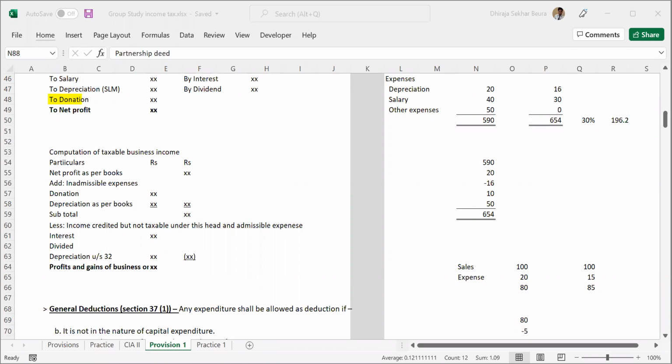So book profit is our allowable profit before salary. What did I say? Book profit is allowable profit before salary. Only salary is excluded. Everything else is properly done. Is that okay? Any questions?